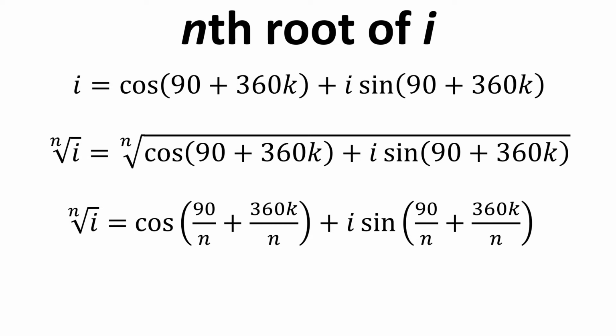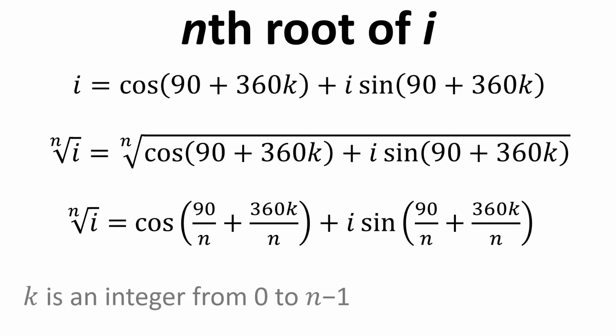I'm not going to show you the mathematical proof for this in this video, but this is a result that we can obtain. Okay, so k is an integer from 0 to n minus 1. That will give us all the unique solutions to this problem, or it can also be written like this: k equals {0, 1, all the way to n minus 1}.